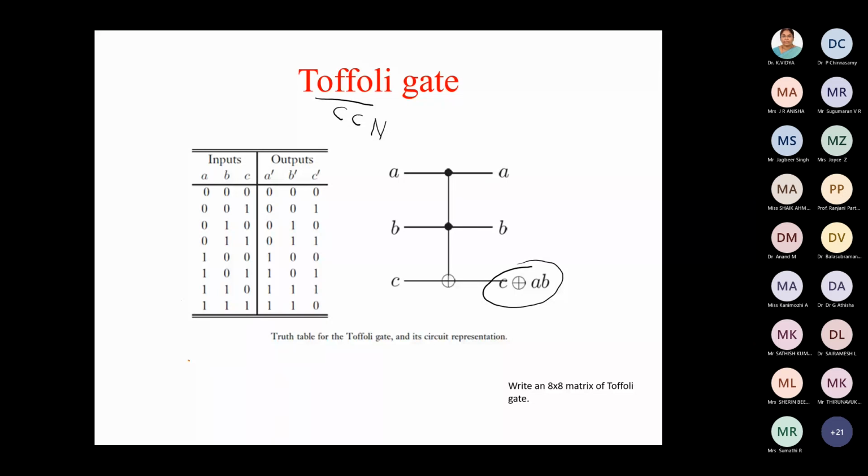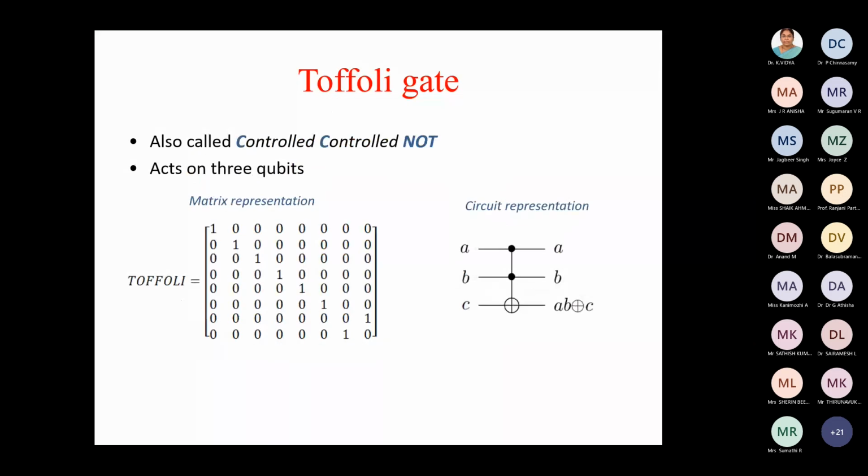So this is the matrix, don't need to worry about this. This is the circuit representation. When this gate will be applied, A is remaining the same, B is remaining the same, only C is changing. So when C changes, it is AB XOR C. To make this gate effective, both A and B should be 1.